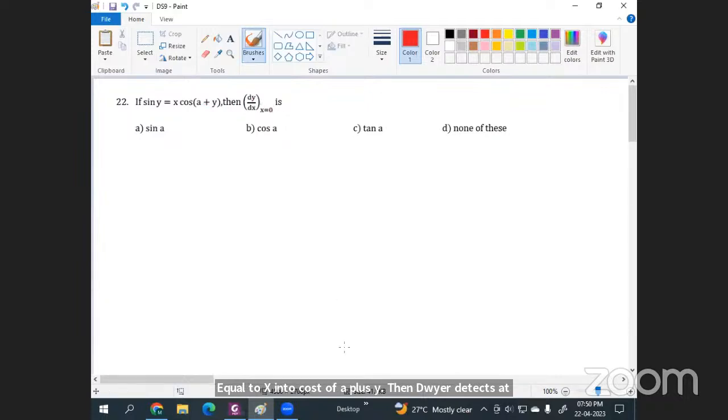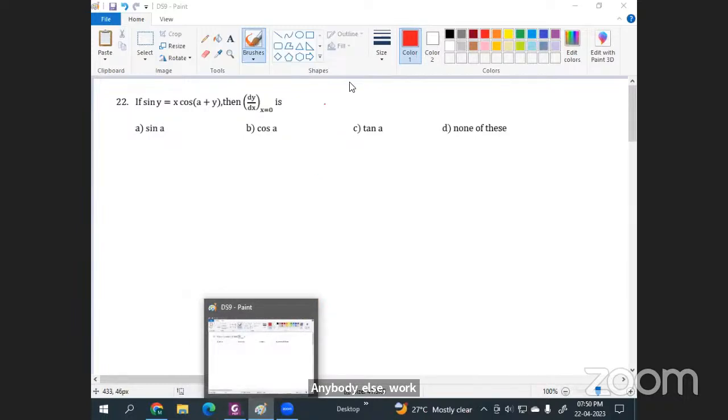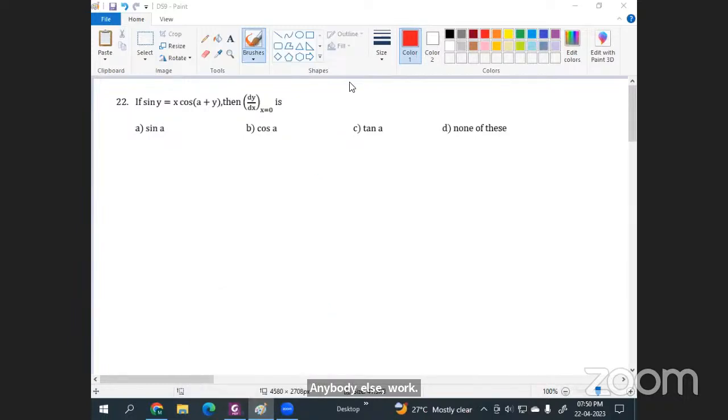How to proceed? Children, anybody who can give the answer for this one? Bhagya, Rishabh, Sakshi. Anybody who can get this one?